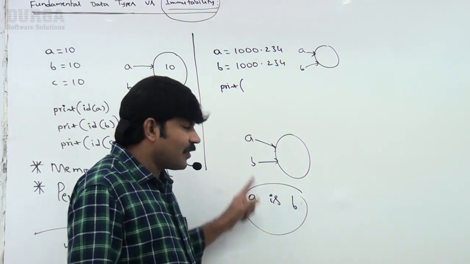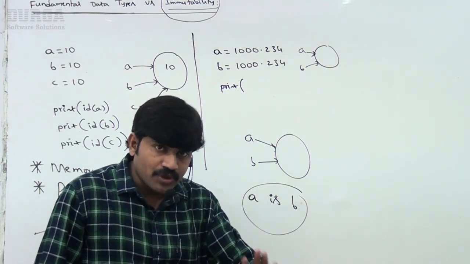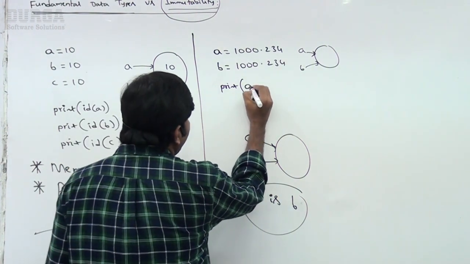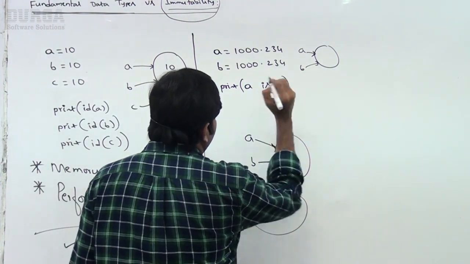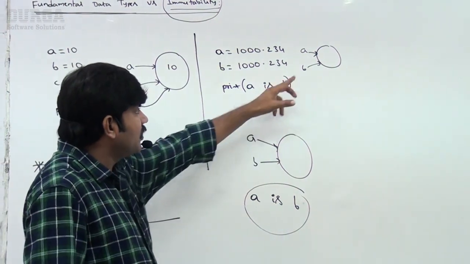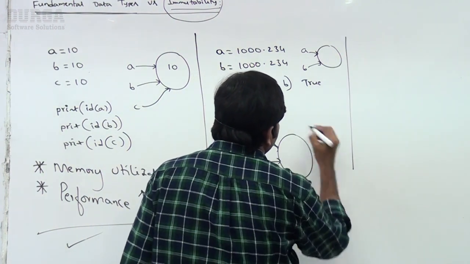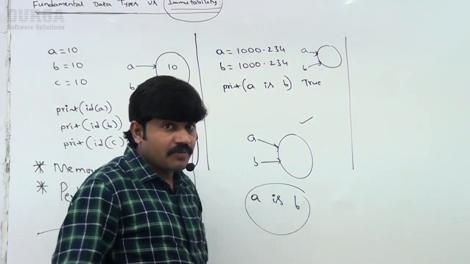If both references point to the same object, only then it returns true. Remember that. Now, is A is B or not? Yes, both are pointing to the same object, so True itself is the answer we have to get. Remember this.